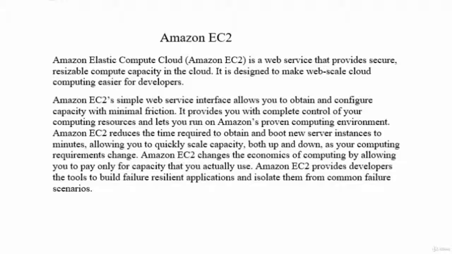Apart from that, Amazon EC2 has images, which we call AMI in AWS, Amazon Machine Images. These images are pre-built by AWS, and you can use them to roll up your instances, your virtual servers.